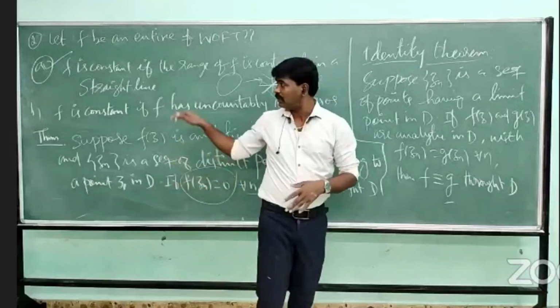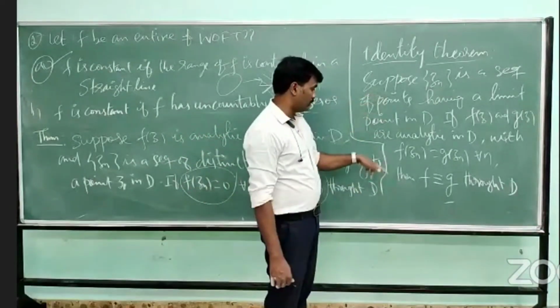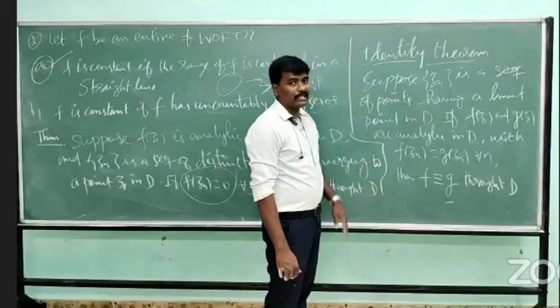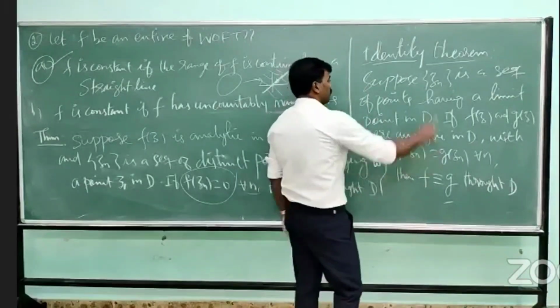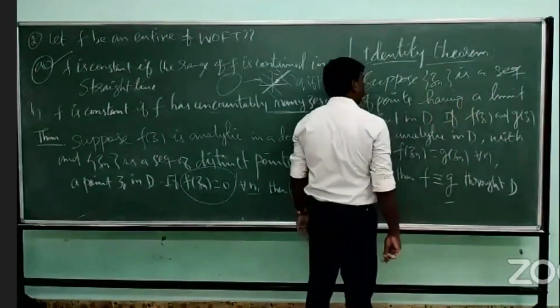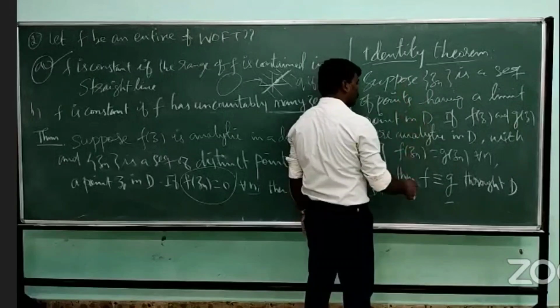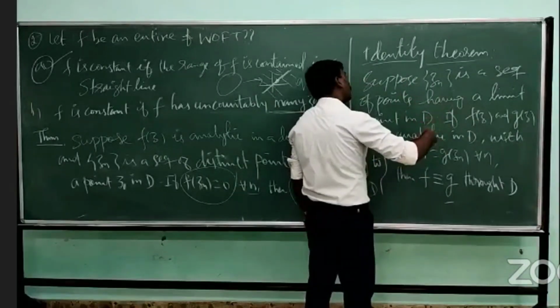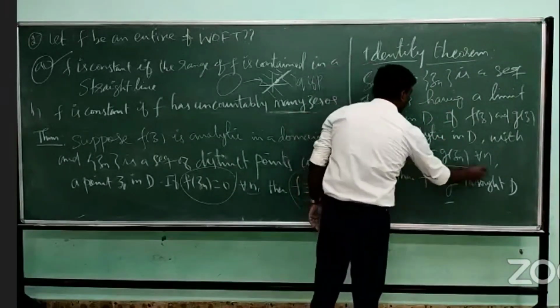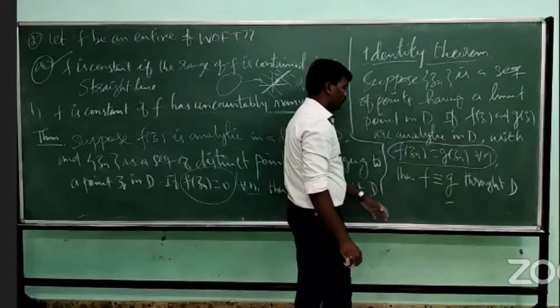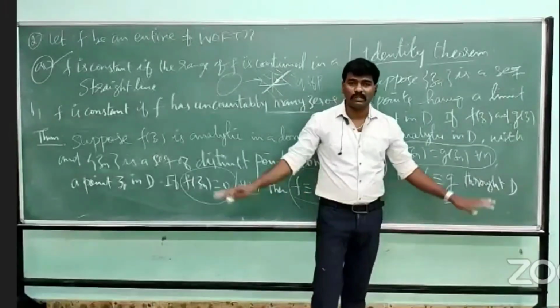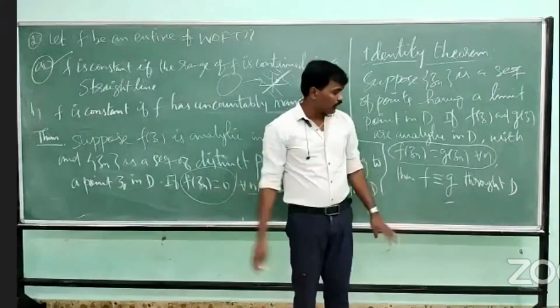Zn is a sequence of points having a limit point in D. If f and g are analytic functions in D with this property, then we conclude that f equals g throughout D.